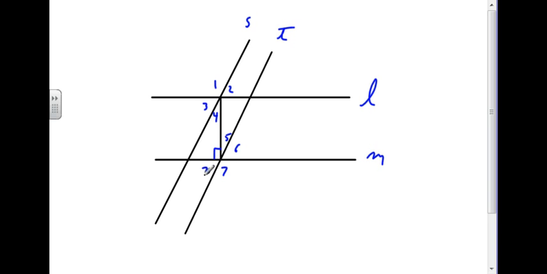So that's what we know, and we also know that angle 1 is 130 degrees. Okay, so now we want to find angle 4, 8, 5, and 7.